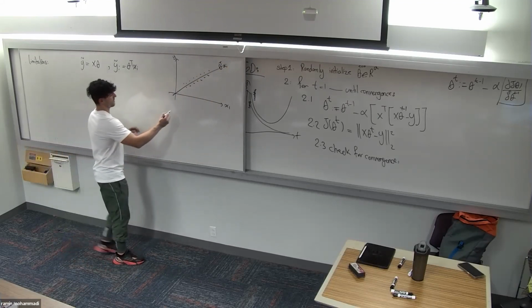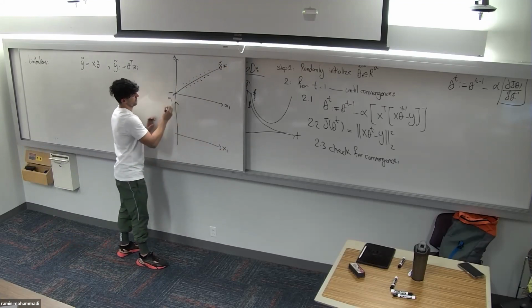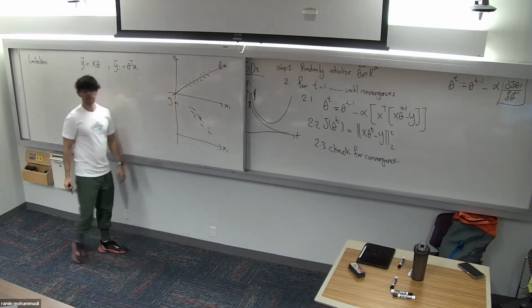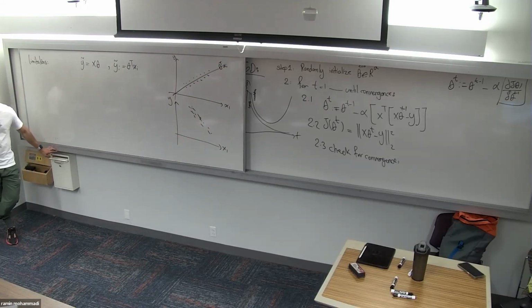Now, what if I have this data? Where do you draw that linear regression line? It shouldn't go to the center of the view, right?